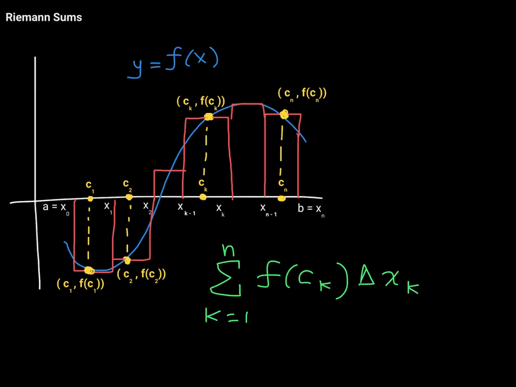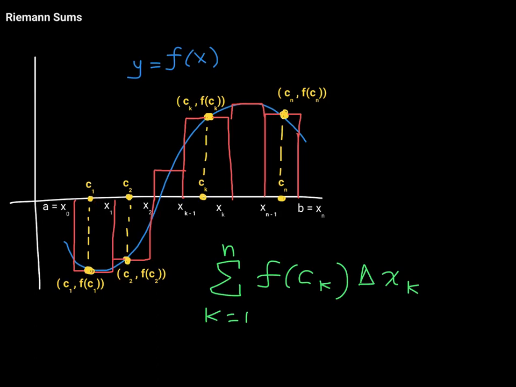Now remember, there are many sums that we can use here. It depends on the choice for c sub k. You remember we looked at some examples in earlier lessons where we chose to evaluate our function at the left endpoint, or at the right endpoint, or the midpoint of each subinterval.